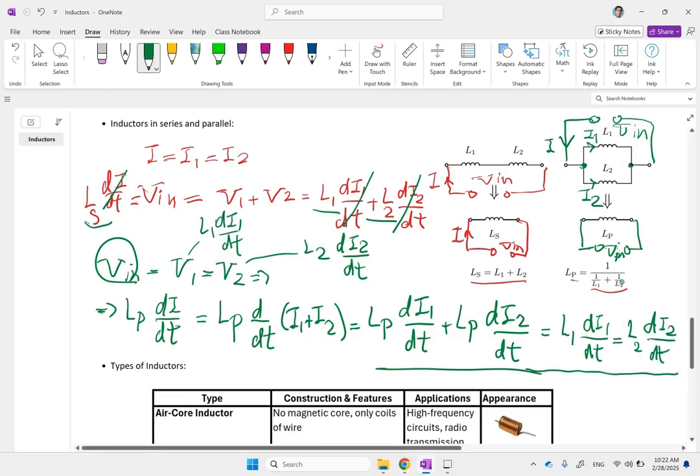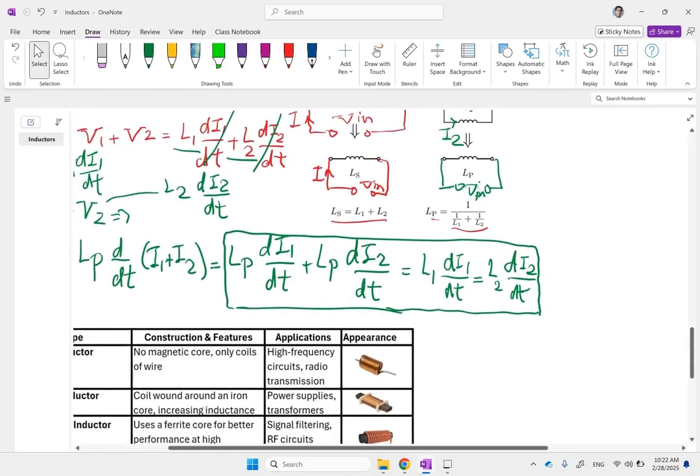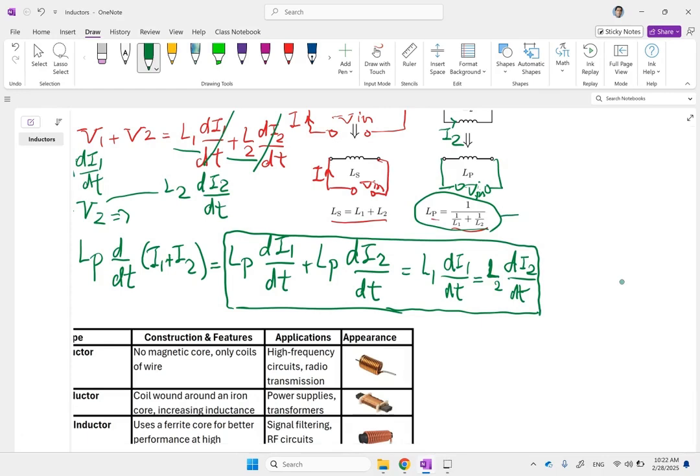Okay, so if you look at this here, clearly the only solution for this is this guy here. If you want these equalities to all hold, what we need to replace LP with, if you simplify this, is going to be L1 L2 over L1 plus L2.